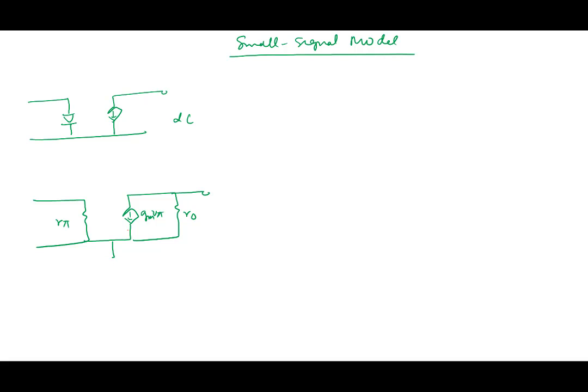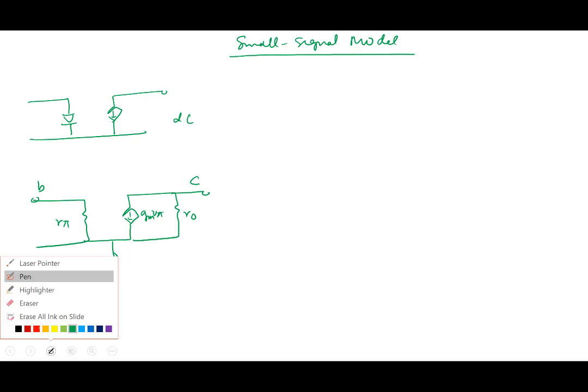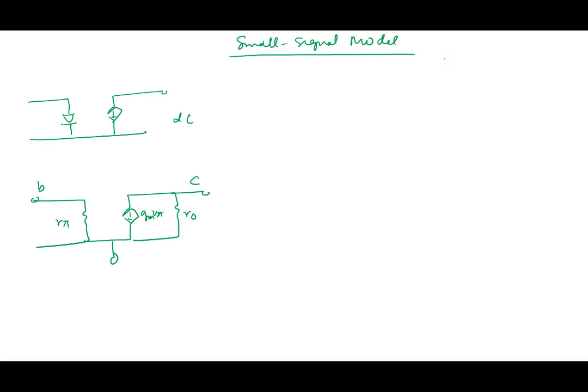This was emitter, this was base, and this was collector. In our case, for a MOSFET, we'll take body and source to be shorted together. If you don't want body and source to be shorted together, it's also okay. We will see later on.